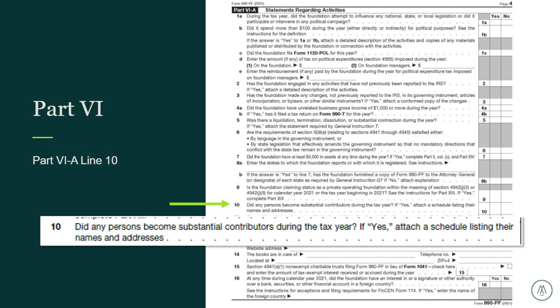And as Pam mentioned, it's important to keep track of all the historical information, but also current year. Note that the same information plus details regarding the gift are provided in Schedule B. Also, foundation managers that are substantial contributors are also listed in Part 15.